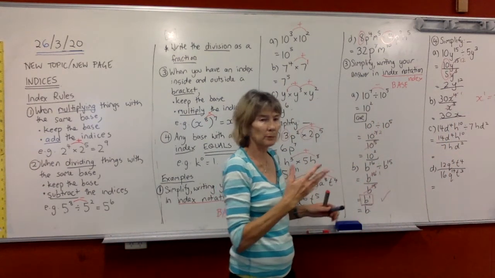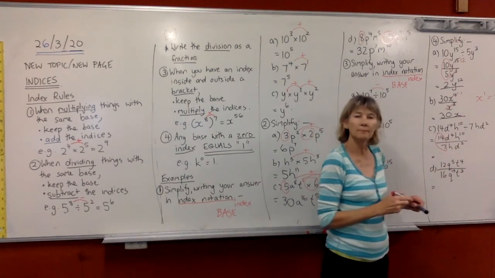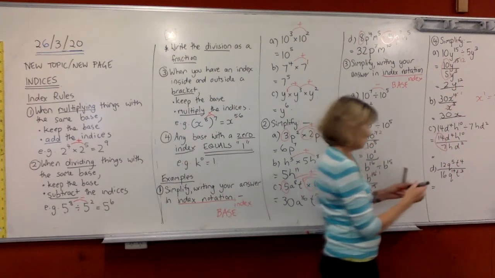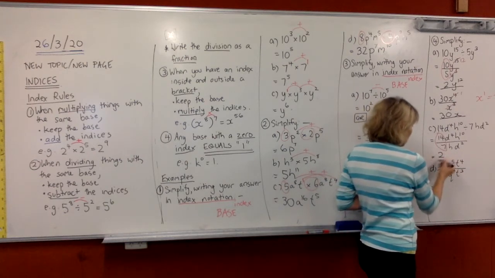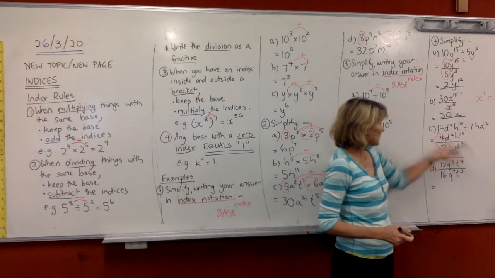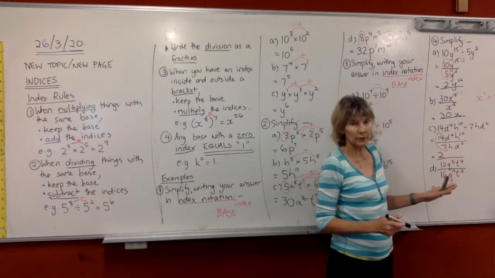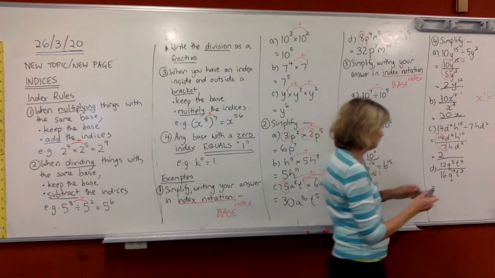Okay, the last two, a little bit trickier. So use your calculator fraction key to do that one. 14 over 7 will give you a 2 on the top of your fraction. Then we're going to look at the d's together and the h's together. I know they're not lined up, but you've got to look at the same letters at the same time.